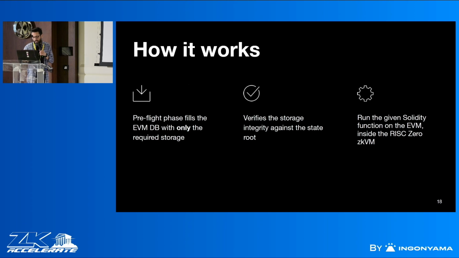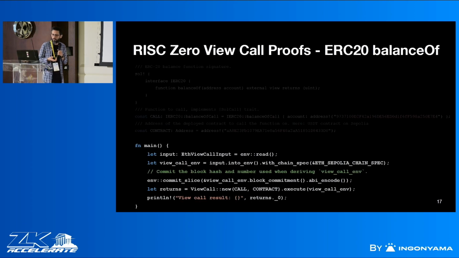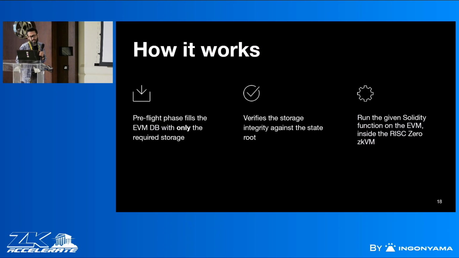So just to spend a few words about how this actually works. If you remember, at the beginning I said the guest accesses the input from the host. What happens in reality is that the host will run a so-called pre-flight phase, which is basically running the view call for you, calling the RPC node of Ethereum with the function that you want to query.